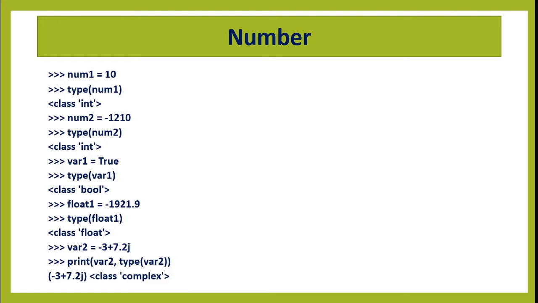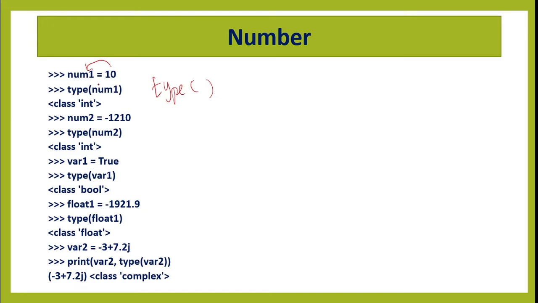So here is the example. The first example, num1 equal to 10, which means we are assigning the value 10 to the variable num1. Then we use the type function to know the data type of the variable. Here I am giving num1.